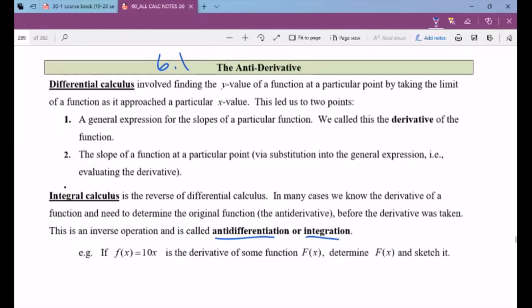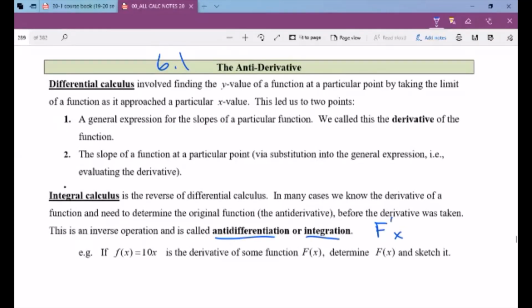The notation that we commonly use is f of x, and we'll use capital letter F. And it ends up being such that if we take the derivative of that, it will be our normal lowercase function f.